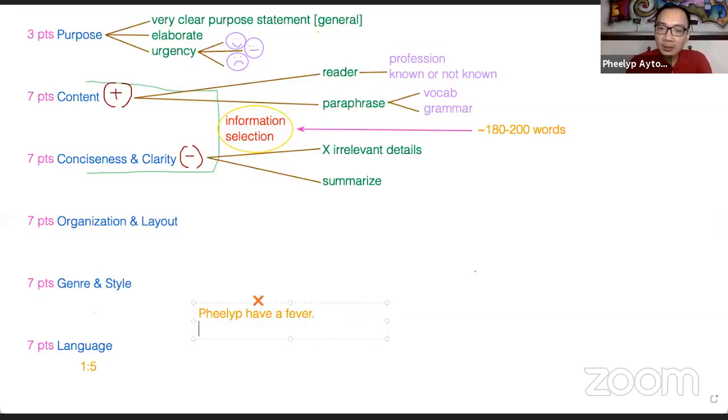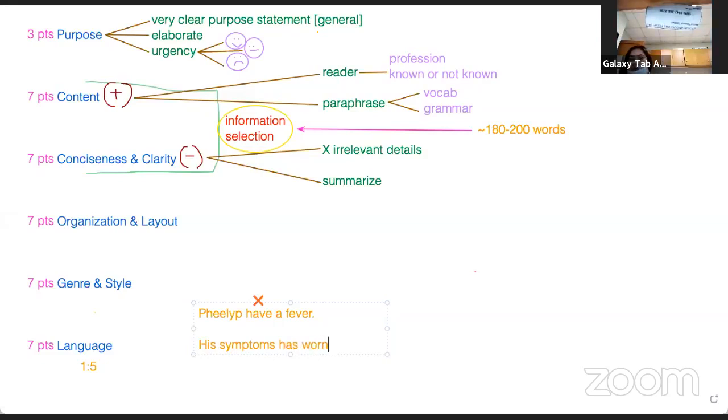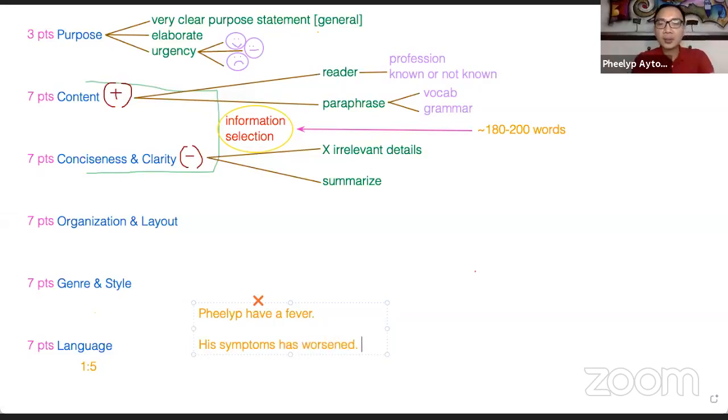Compare that with this one. His symptoms has worsened. Right or wrong? Wrong.